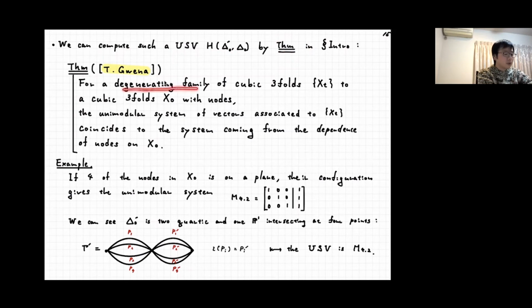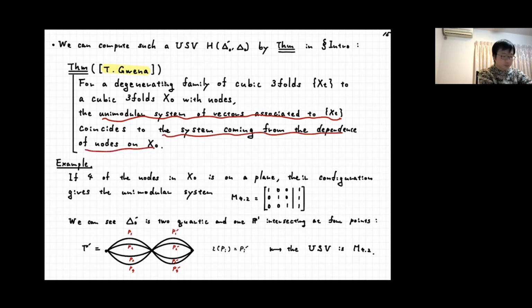For a degenerating family of cubic threefolds Xt to a cubic threefold X naught with nodes, the unimodular system of vectors associated to Xt, considering the general theory of the degeneration of the Prym varieties, is given by the image of the H1s by pi. Then it just coincides with the system coming from the dependence of the nodes on X naught.